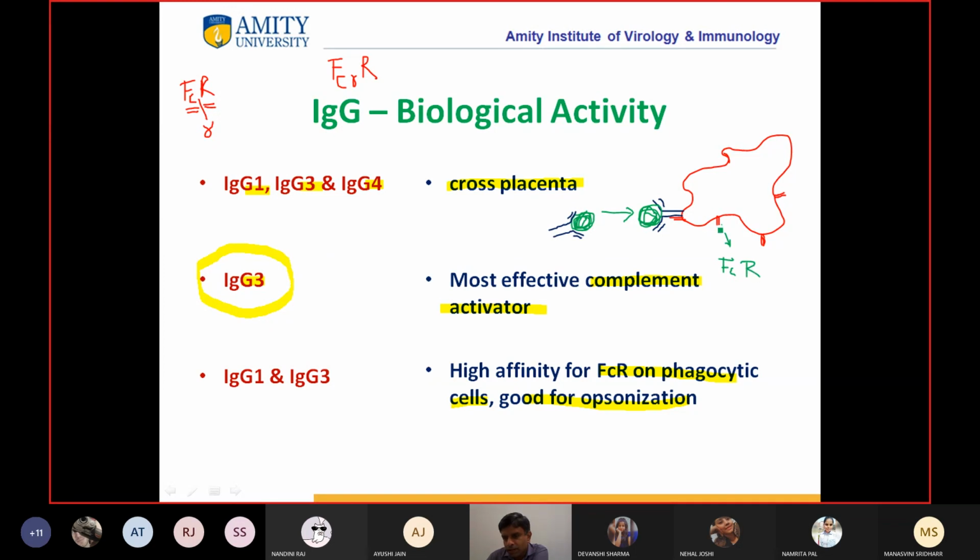And if this receptor is specific for a specific type, then we put the name of the chain, right? So it could be epsilon or it could be delta. So now what happens once this binding occurs?